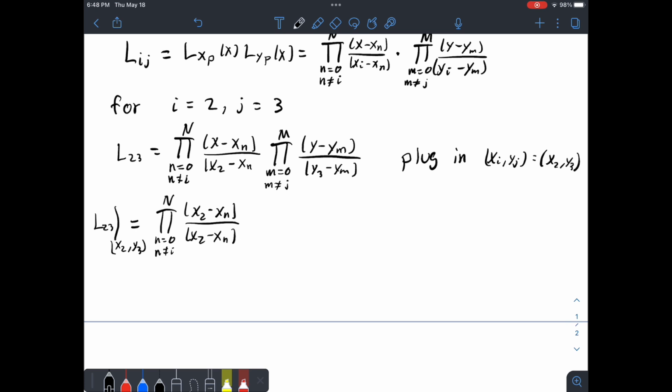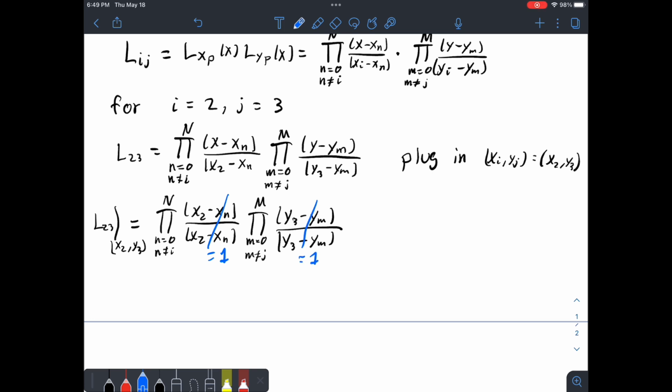So that's equal to 1, right? And then we'll multiply by this one, m equals 0, m not equal to j, and likewise we have y3 minus ym over y3 minus ym, right? And so then this is equal to 1.